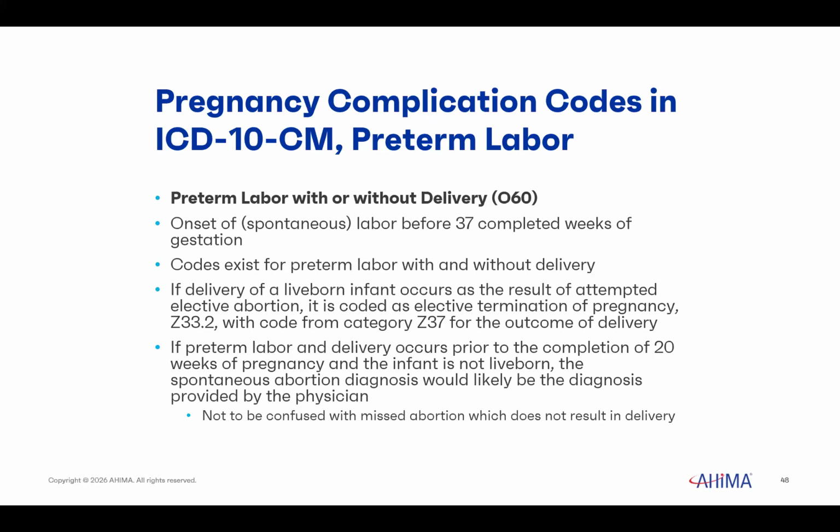If we have a delivery of a live-born infant as a result of an elective abortion, it's coded as an elective termination of pregnancy, Z33.2, with a code from category Z37 for the outcome of delivery. If the preterm labor and delivery occur prior to the completion of 20 weeks of pregnancy and the infant is not live born, the spontaneous abortion diagnosis would be the diagnosis provided by the physician.